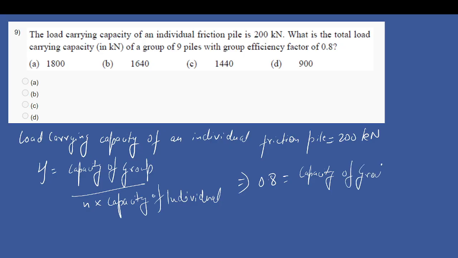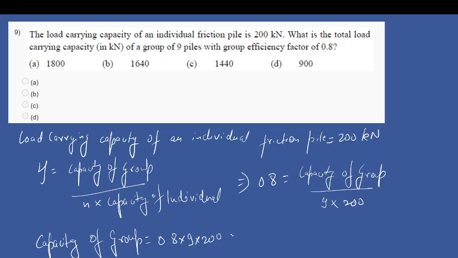Capacity upon 9 into 200, that is 1800, into 0.8, so it's 1440. 0.8 into 9 into 200. So 9 into 2 is 18, 18 into 8 is 1440 kilonewton. Great. So the correct answer is option C, which is 1440 kilonewton.